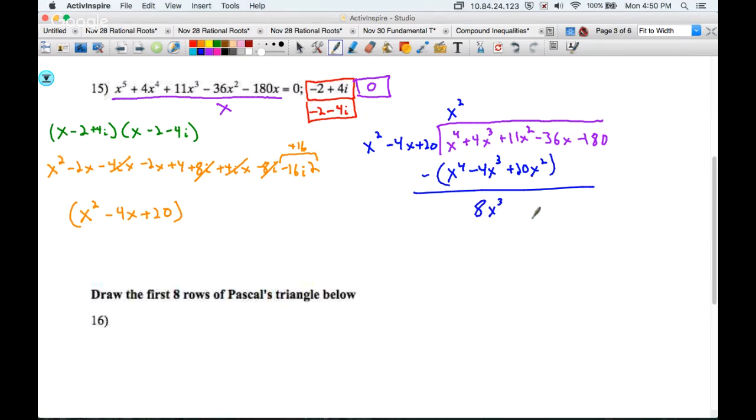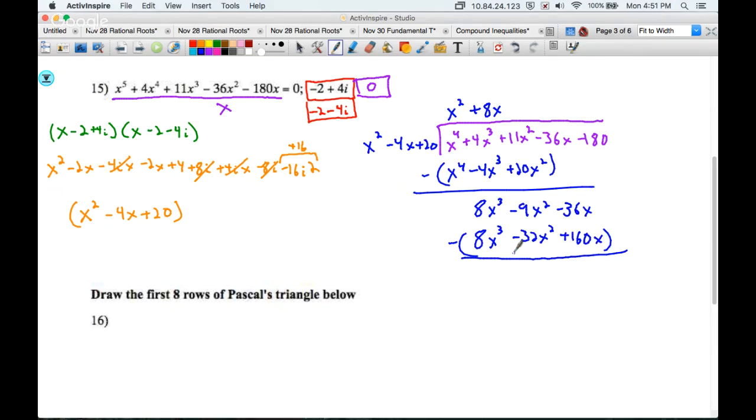That's 8x cubed. 11 minus 20 is negative 9x squared. Drop down the next term, negative 36x. What do I multiply x squared by to get a negative 8x cubed? Well, positive 8x. Actually do the multiplication. 8x cubed minus 32x squared plus 160x.